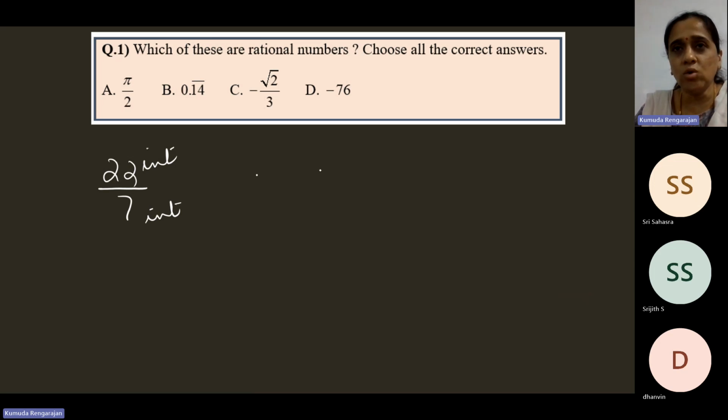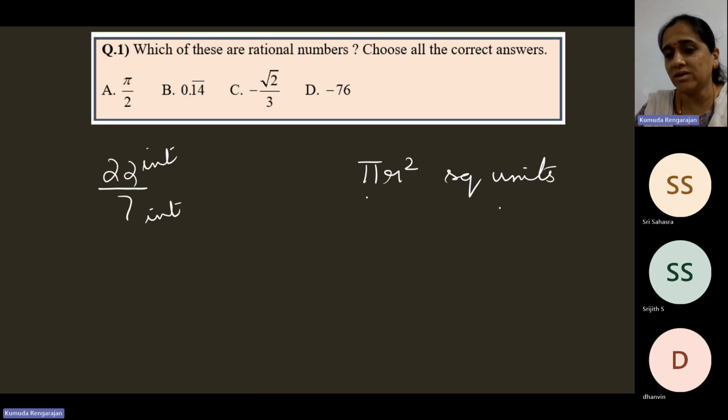But you all know the area of a circle is given by the formula pi r square units. When you find the area, for pi you take the value 22 by 7, into whatever radius is given, suppose 7 into 7.